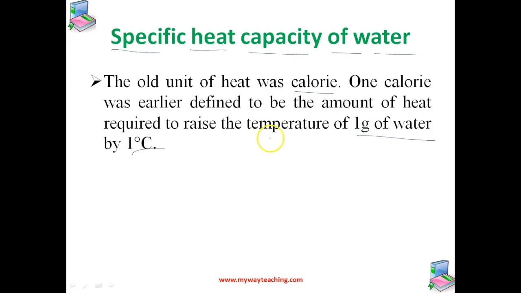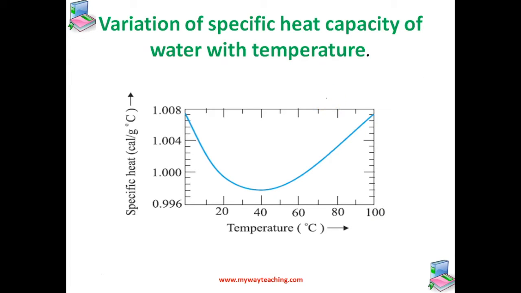This is what the calorie meant. With more precise measurements, it was found that the specific heat of water varies slightly with temperature. You can see in this figure the variation in the temperature range of 0 to 100 degrees Celsius. The specific heat capacity varies with the temperature.